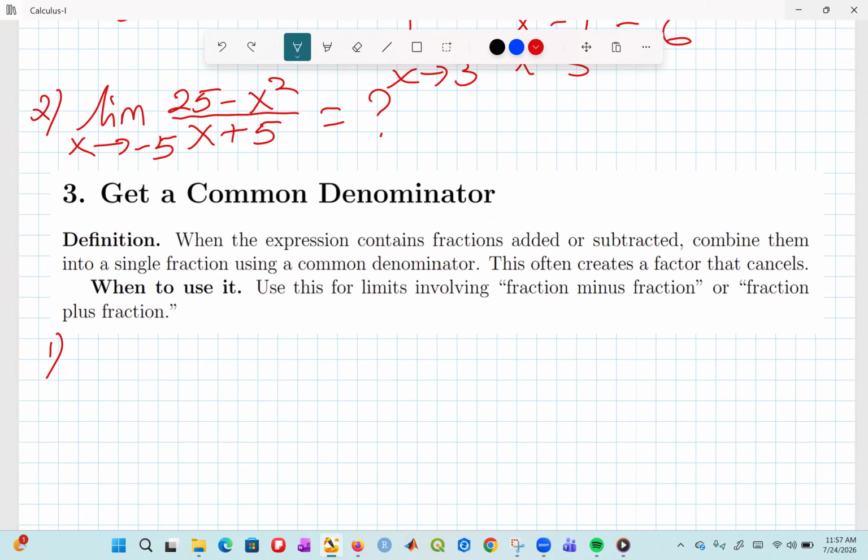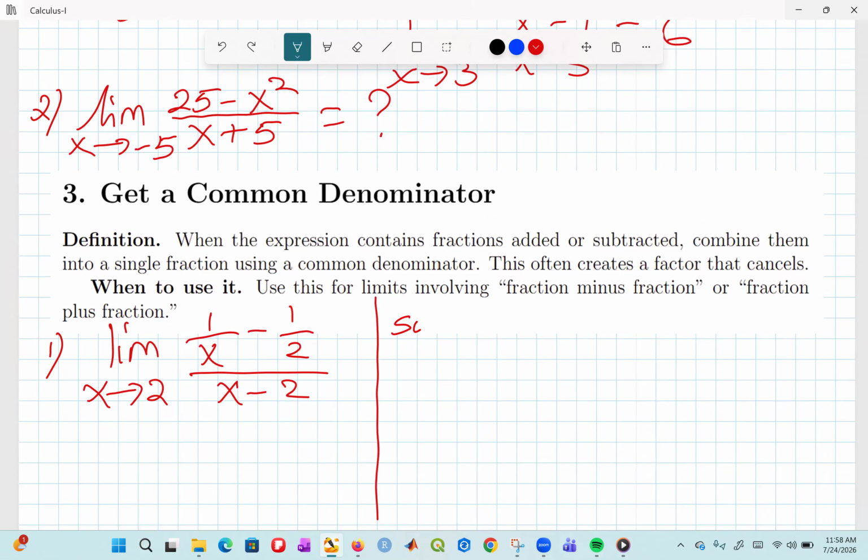So, an example for this technique of limit. Let's find the limit of 1 over x minus 1 over 2, all over x minus 2, as x approaches 2. First, combine the fractions.